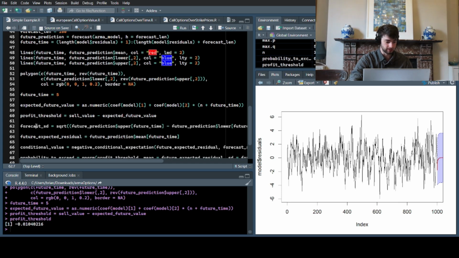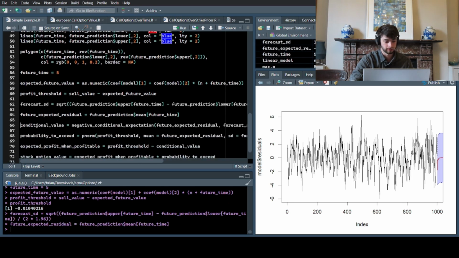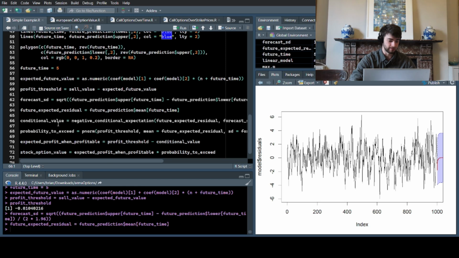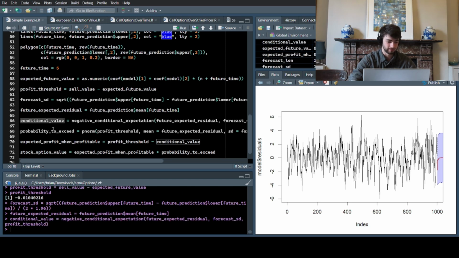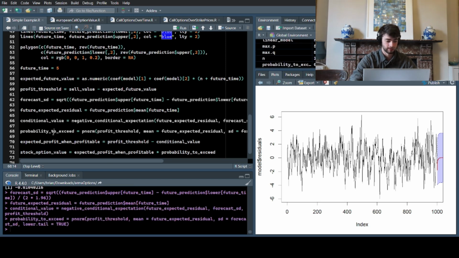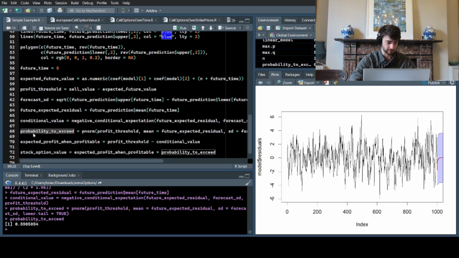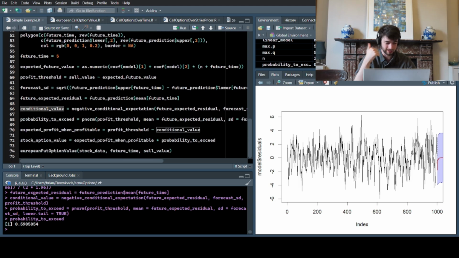So what we do here is we find the expected value and standard deviation of our residual. And then we find the probability that our value of x is less than our threshold. And we find that it's roughly a 60% chance.